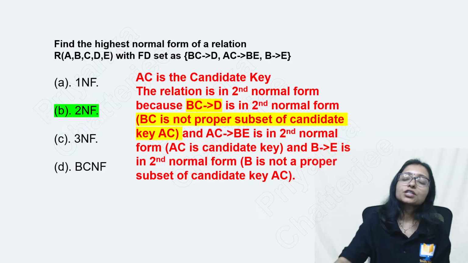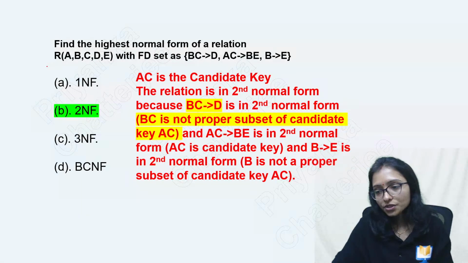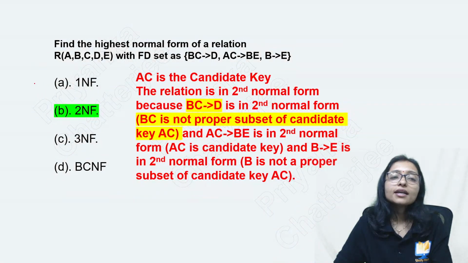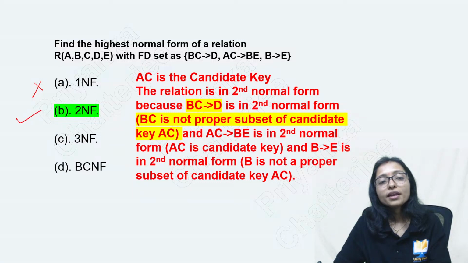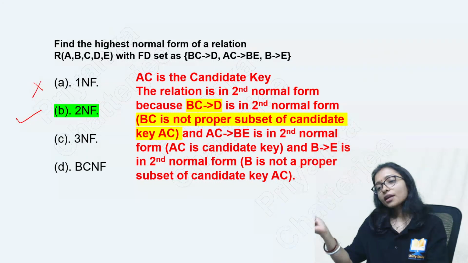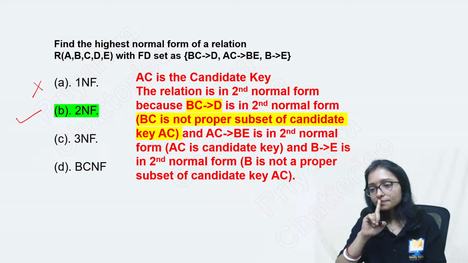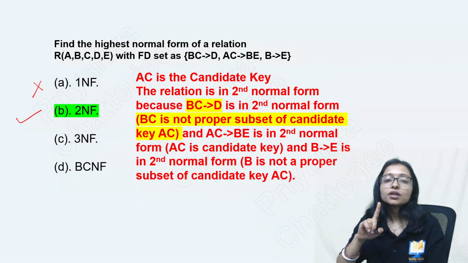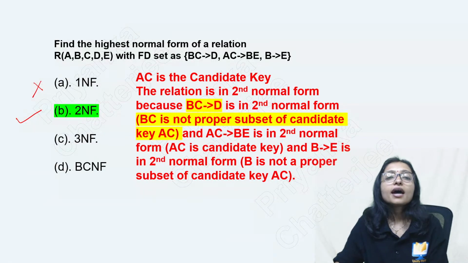And for this question, now you all are getting confused. So here, those who are saying 1NF, they are wrong. 2NF is the correct answer. Here also it is very conceptual. You can see that here you are getting AC as a candidate key.